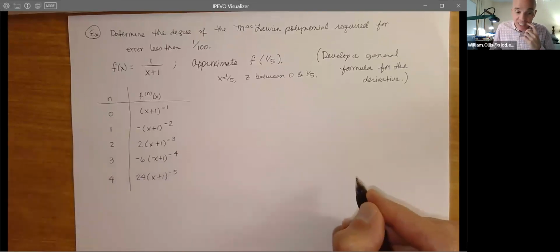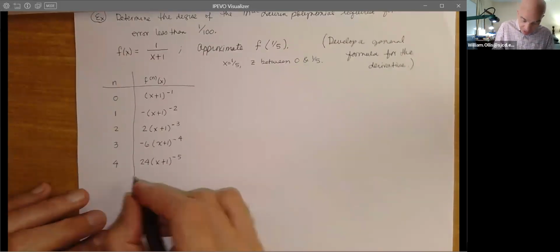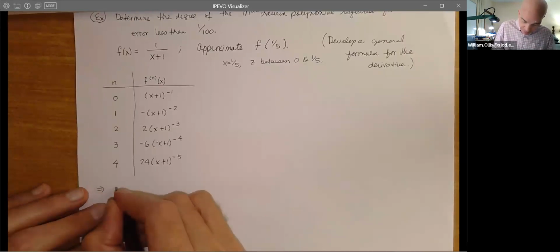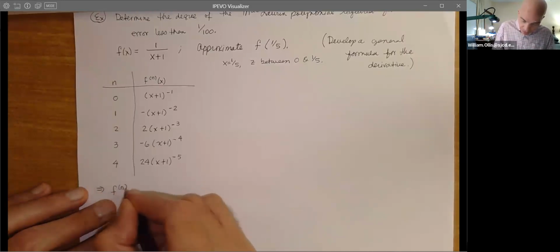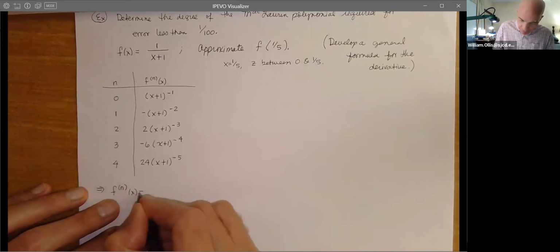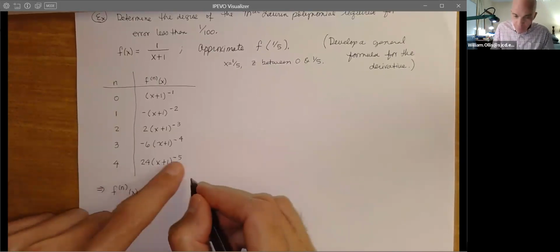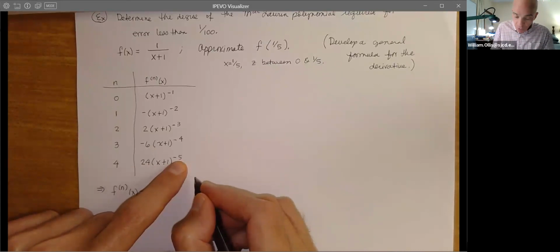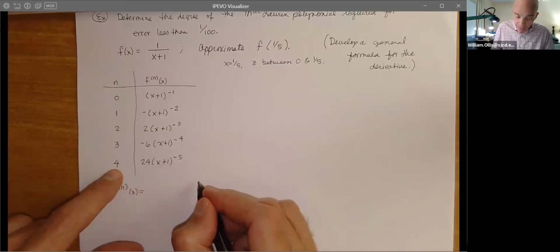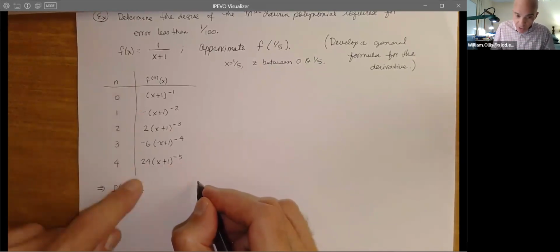So now what we can see is we have a general formulation. This is inductive. So we see the nth derivative. We're going to have the power of 5, one more than the order of the derivative, and then we're going to have the n factorial, and then the alternation in sign.